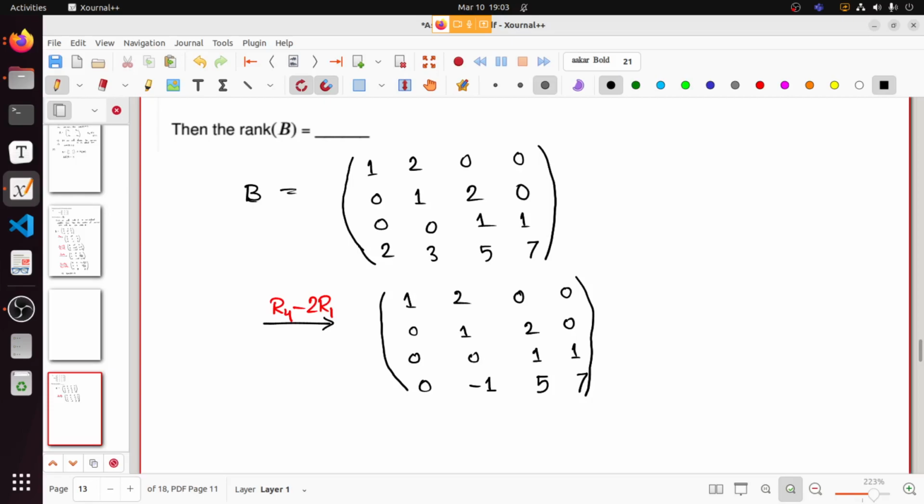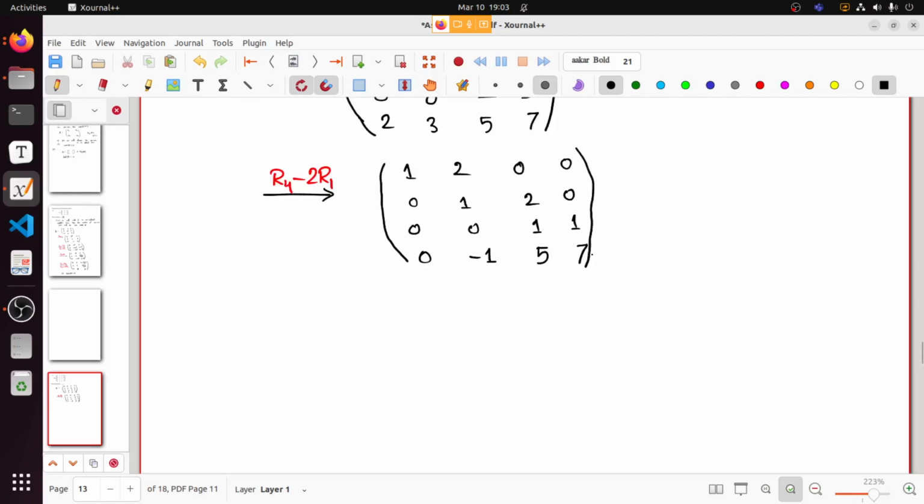The second row, now it's 1 already, so you have to make the other 2 entries 0, right? So make the transformation again. What transformation will we take? R1 minus 2 R2 and R4 plus R2, right?